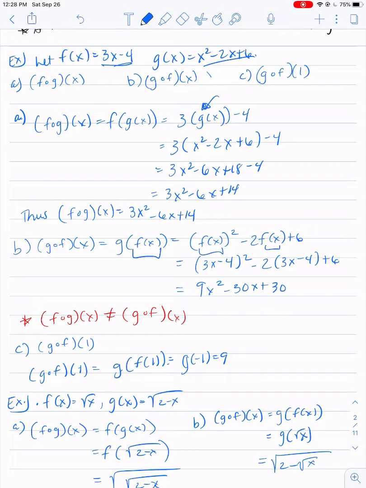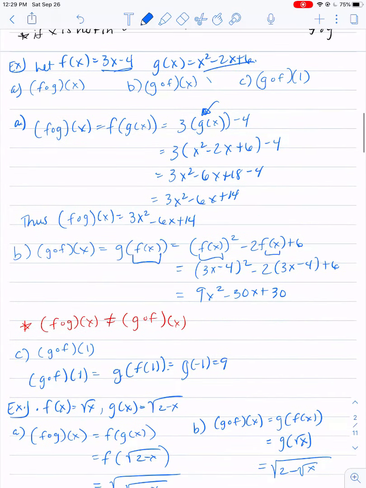And that simplifies to 9x squared minus 30x plus 30. An important thing to realize by evaluating a and b is that f composed with g of x does not equal g composed with f of x. So they're not the same thing.